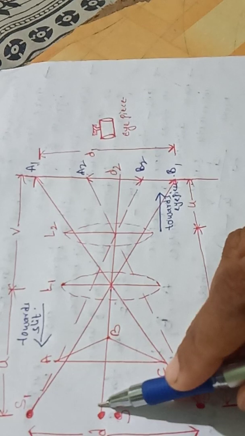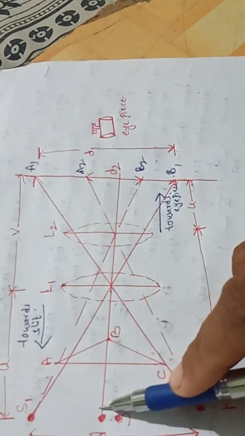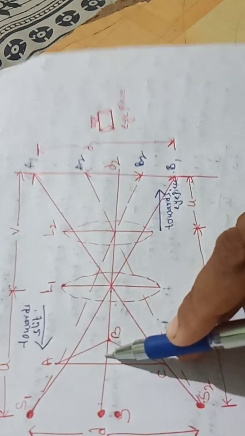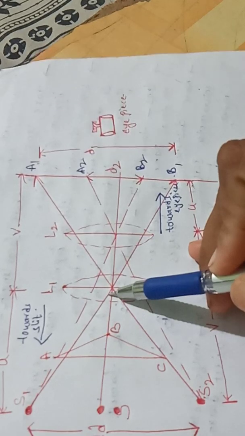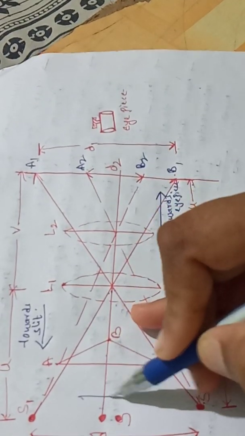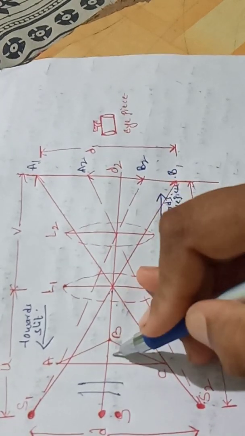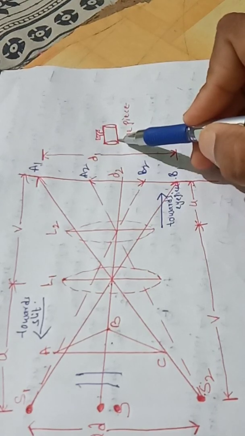Now here we will have a slit. I didn't denote it in the diagram. Here we will have a slit, then the biprism. Now between the biprism and the eyepiece we will place this convex lens. We will not disturb the position of the slit and biprism.